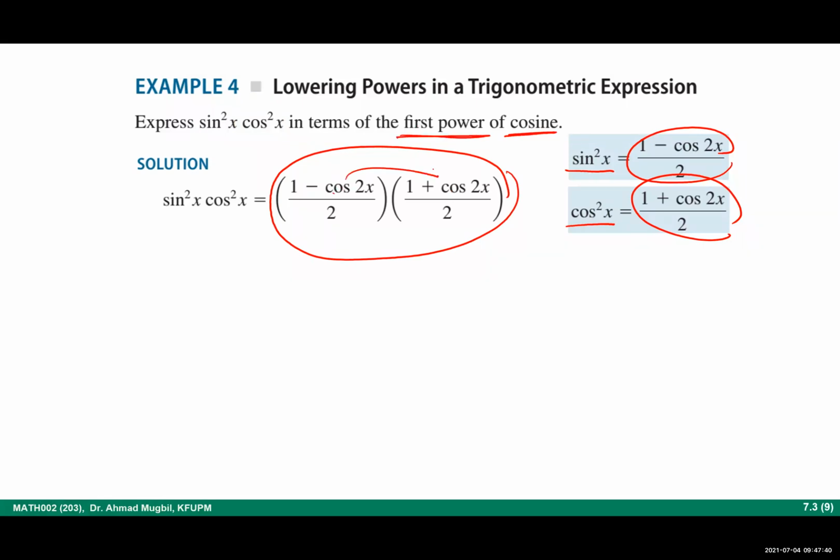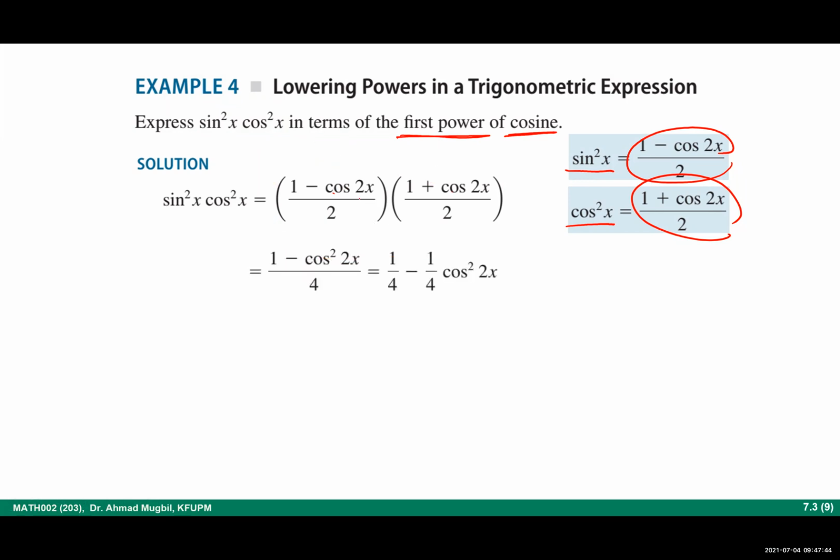Because if you expand, this 2 times 2 is 4, and 1 minus cosine times 1 plus cosine is 1 minus cosine squared. So we still have a second power, not the first power. So distribute now, it will be 1 over 4 minus 1 over 4 cosine squared. So look here, guys, what we have: 1 over 4 minus 1 over 4 cosine squared is equal to this.